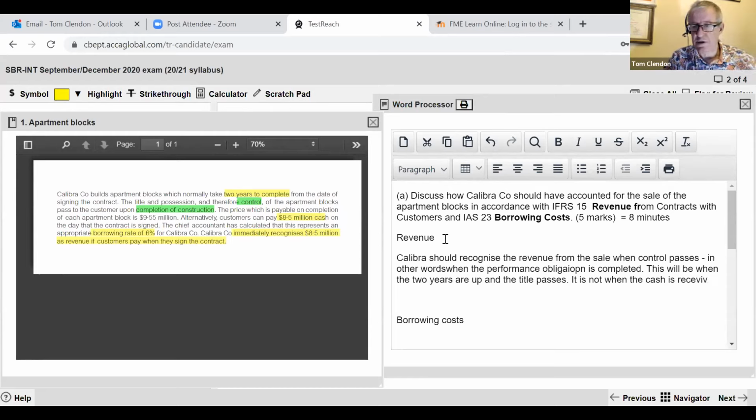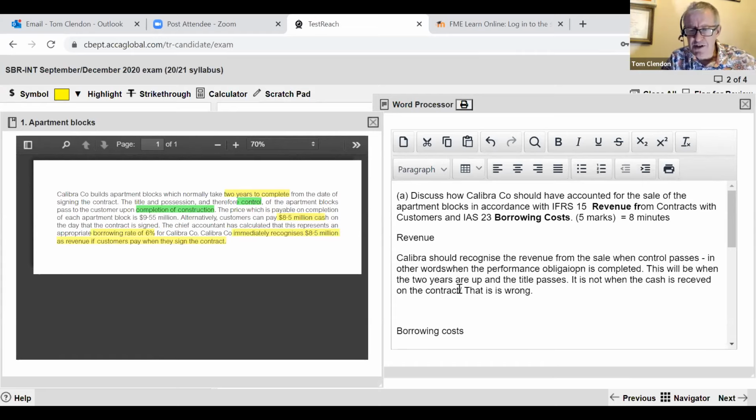It is not when the cash is received on the contract. That is wrong. Yeah, that is wrong. So the right thing to do would be to say what?